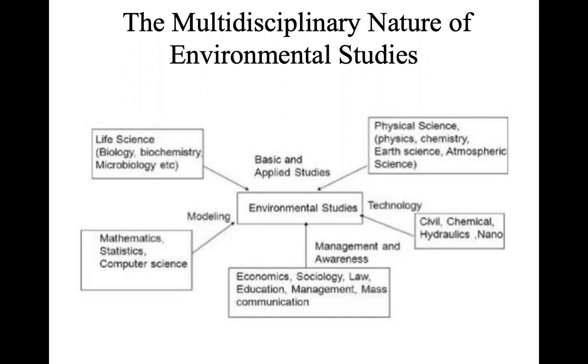Based on those critical parameters, the data we have collected and the information we have gathered, we try to develop a model. So mathematics comes into picture. So biology, physics, chemistry, then mathematics. When we have modeled those critical parameters which play an important role in environmental pollution, we develop a mathematical model.